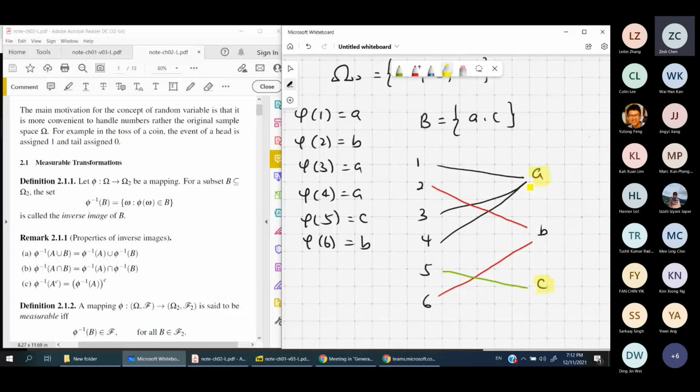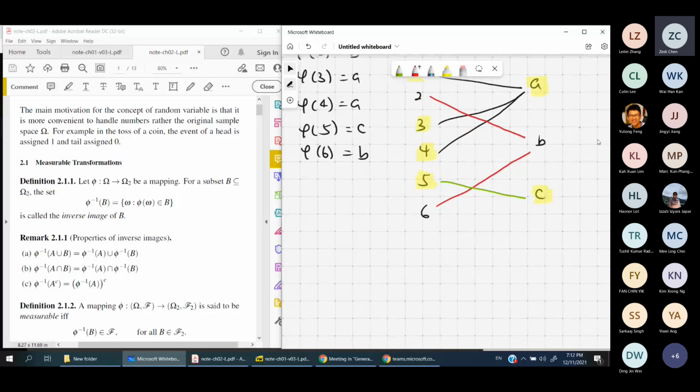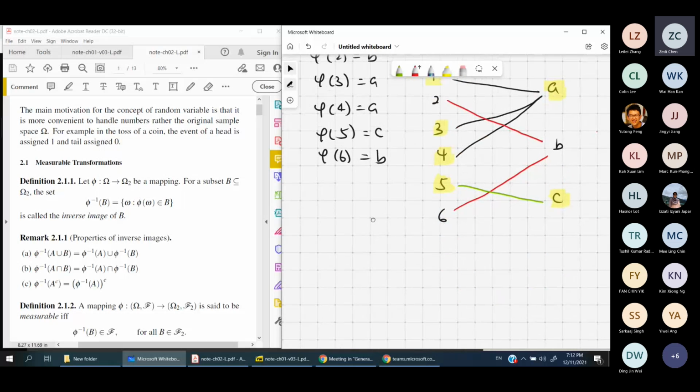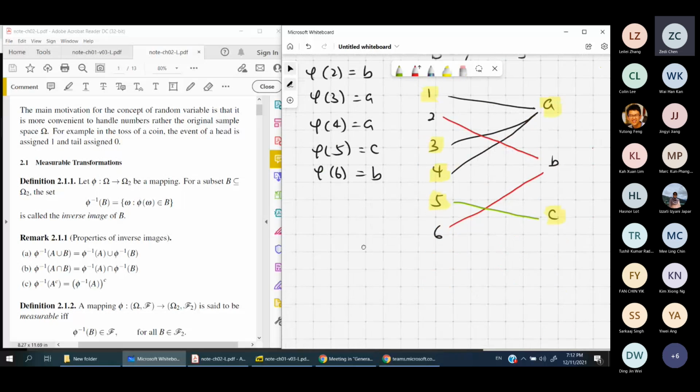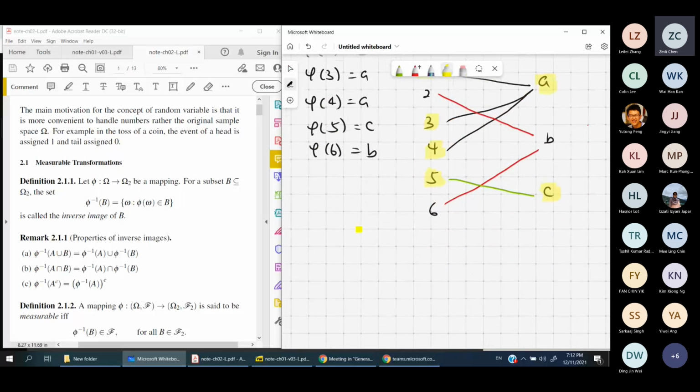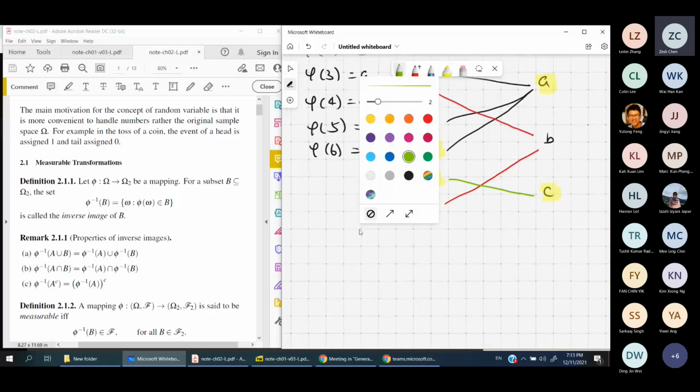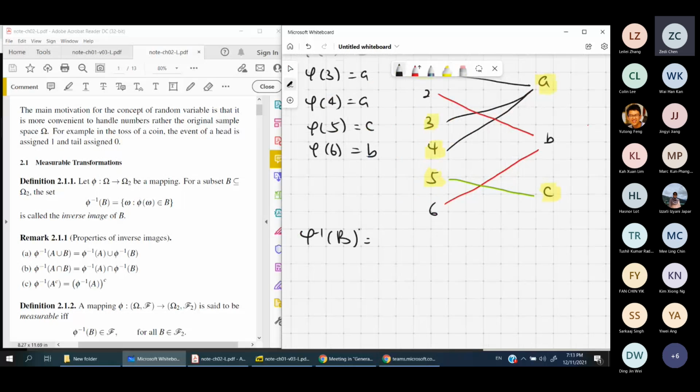So we just go back. That means 5, 1, and no 2, 3, and 4. I think you can easily get this. So the answer for this case will be 1, 3, 4, 5. So that's the simple example.